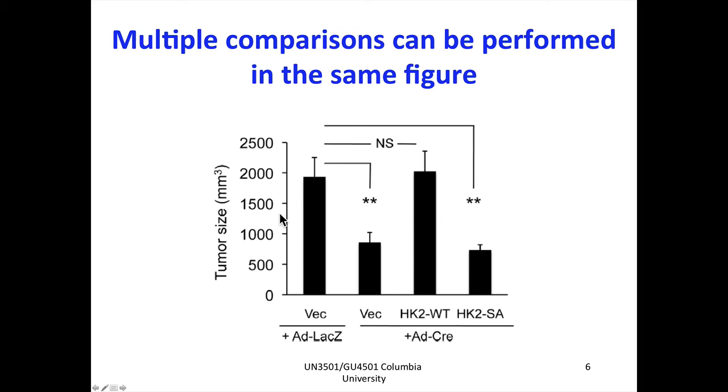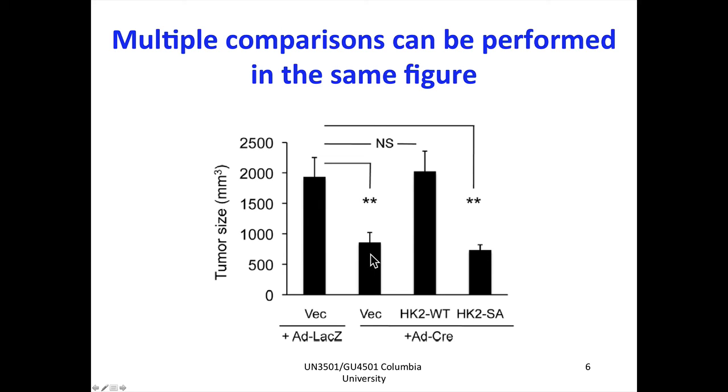So in this case, they're measuring tumor size, and they're starting with just their control sort of baseline conditions. They have a LAC-Z adenovirus as a control adenovirus that shouldn't really do anything, and they introduce a vector plasmid that shouldn't really do anything, so like two treatments that shouldn't really do anything, then the baseline tumor size they're seeing under those conditions is very large. These tumors grow up and become almost 2,000 cubic millimeters. So you get these big tumors growing.